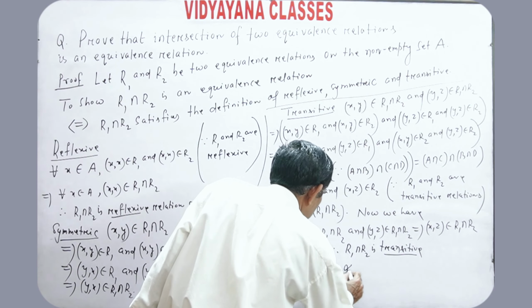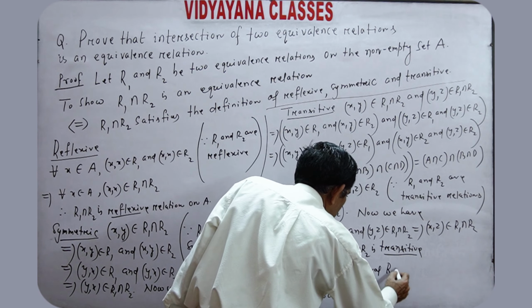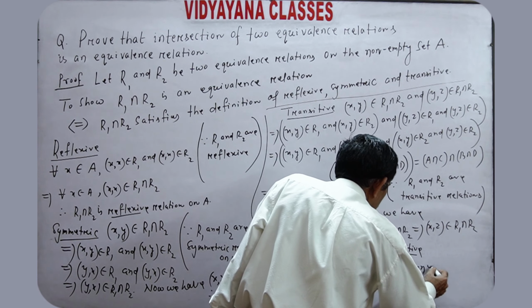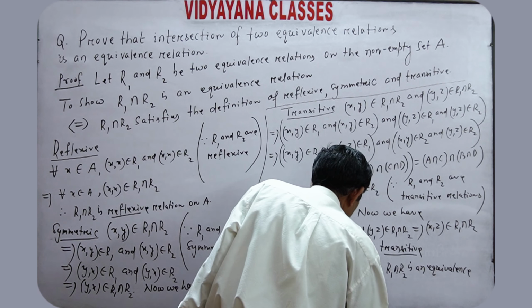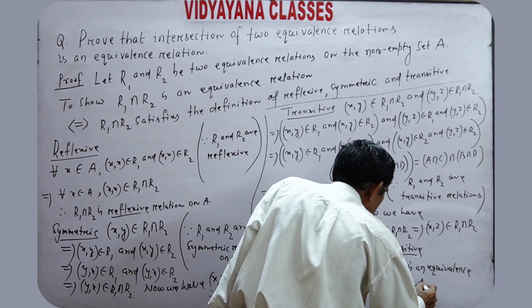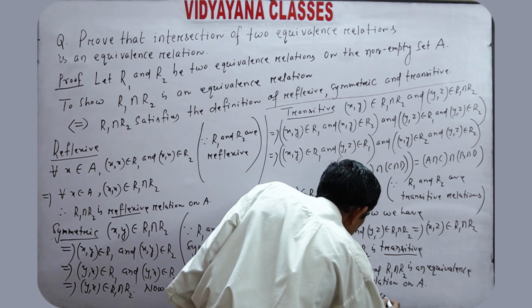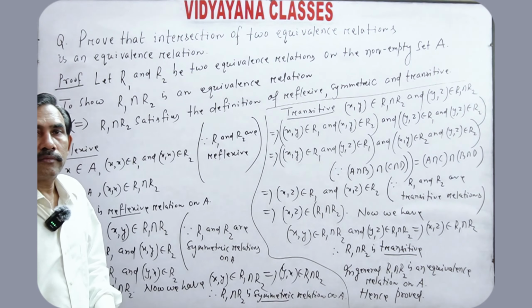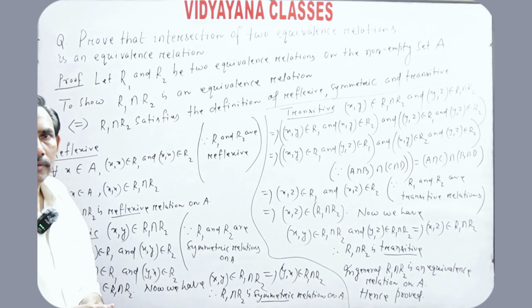In general, R1 intersection R2 is an equivalence relation. Hence proved. Okay, note down.